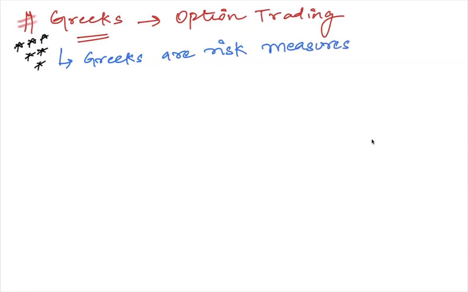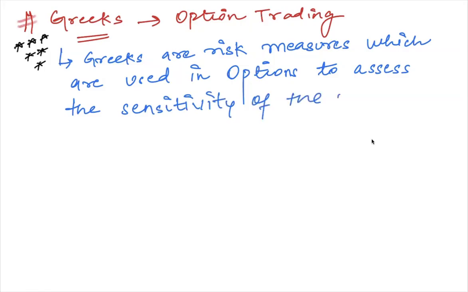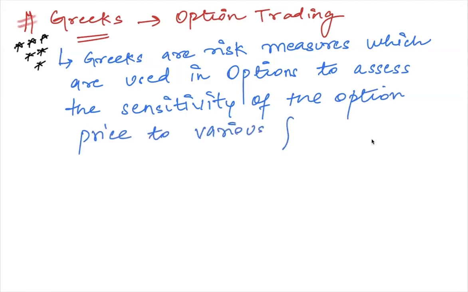Greeks are nothing but risk measures which are used in options to assess or understand the sensitivity of the option price to various factors. Okay. So, what does this mean?